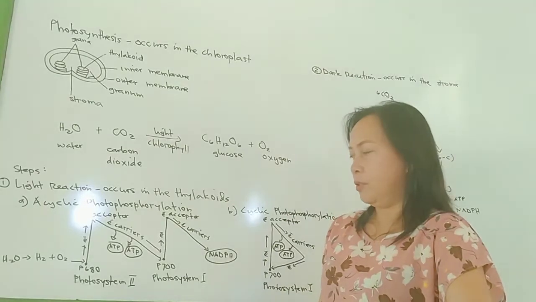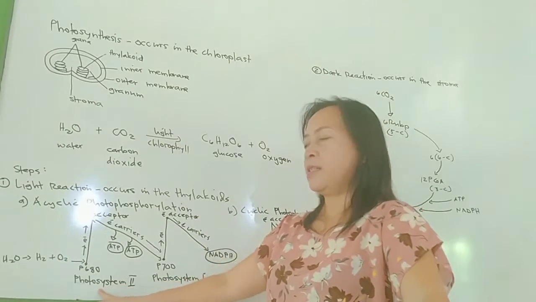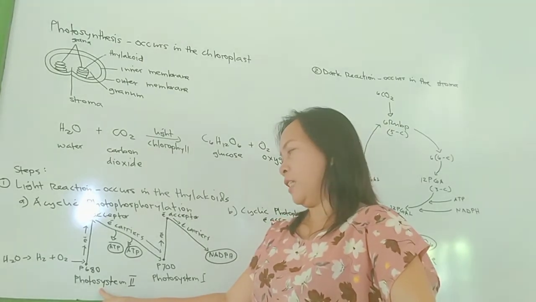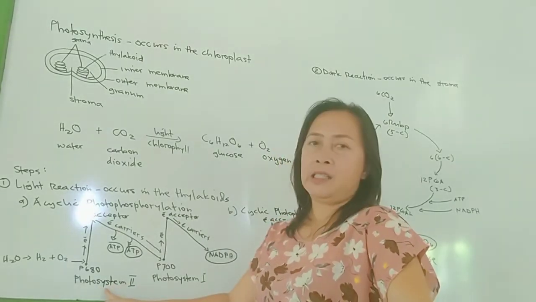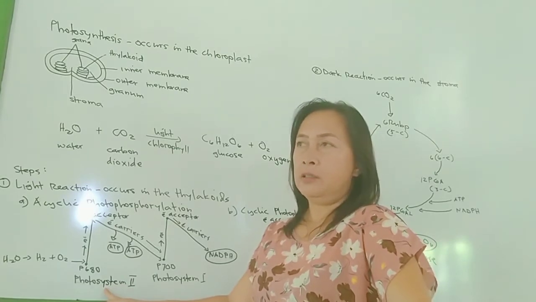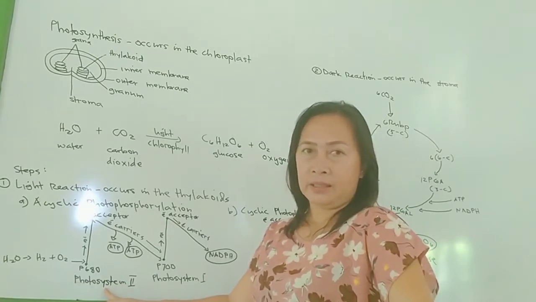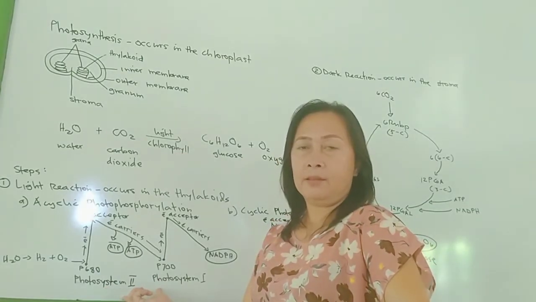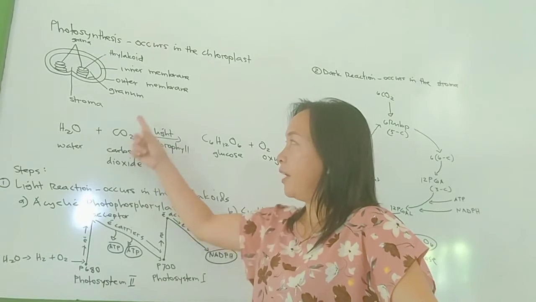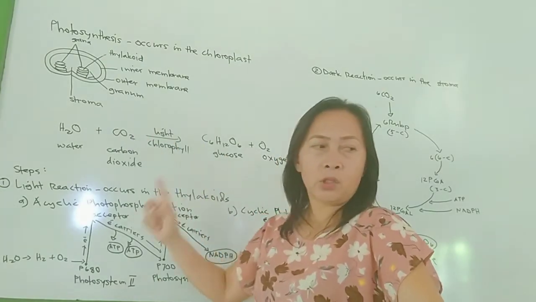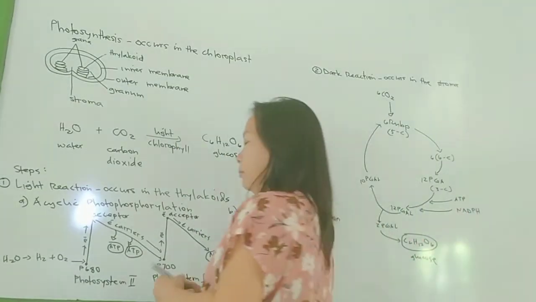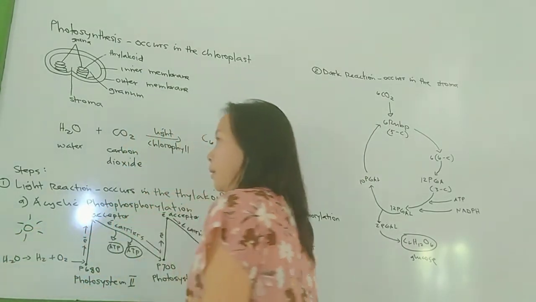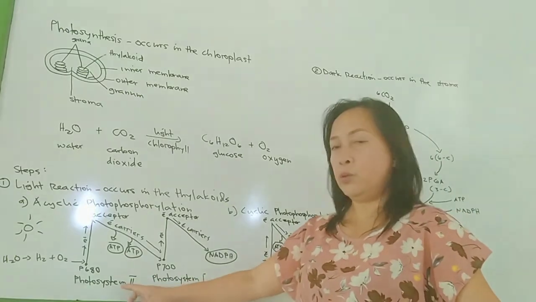In the thylakoid, you could see active sites which consist of groups of pigments. We call that photosystem 1 and photosystem 2. So these are active sites which are very, very sensitive to light. These two are sensitive to light, so that when the sun strikes these photosystems, immediately a chemical reaction would occur.